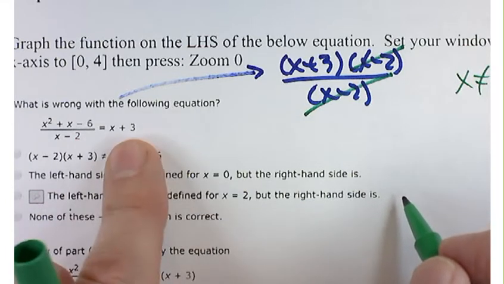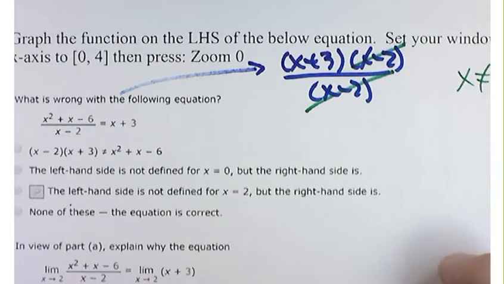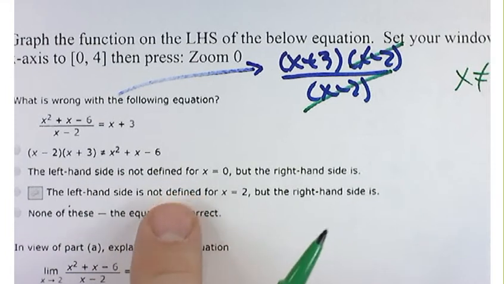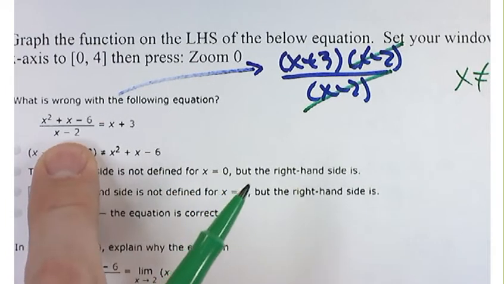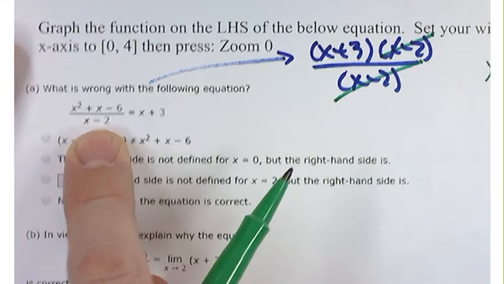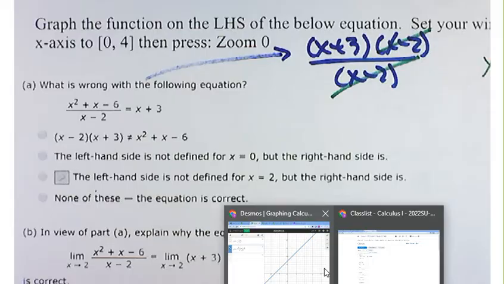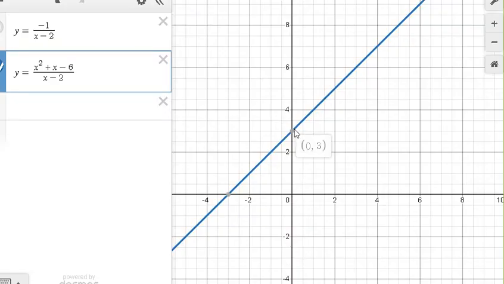But the right-hand side is defined. So, okay, all right. But do we need the function to actually be defined at this point in order for its limit to exist? The answer is no. We just saw that, right? We were looking at the graph, and yeah, the limit exists, even though the function is not defined at 2.